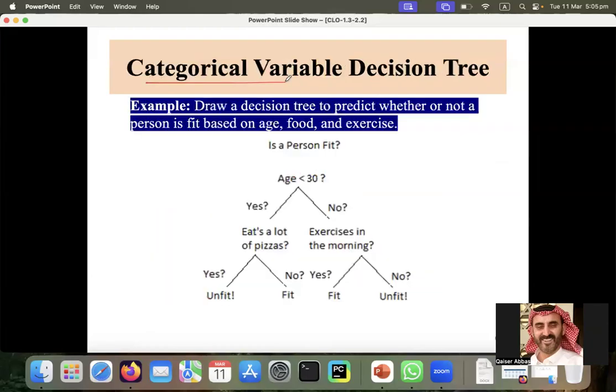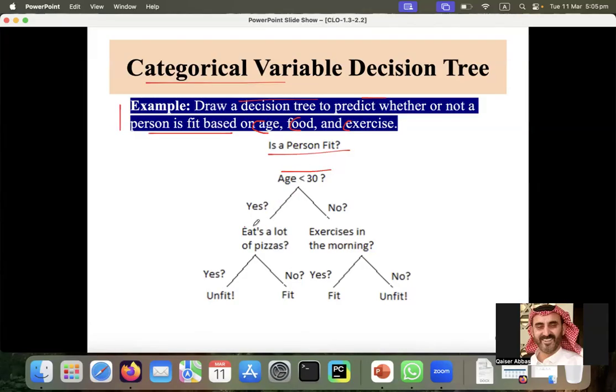Here is the example for the categorical variable decision tree. The example is, draw a decision tree to predict whether or not a person is fit based on age, food, and exercise. These are some extra information. Based on this information, conclude that the person is fit or not. The question is, person fit? Age is less than 30?